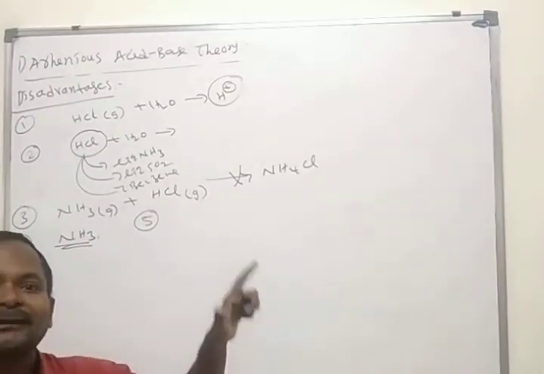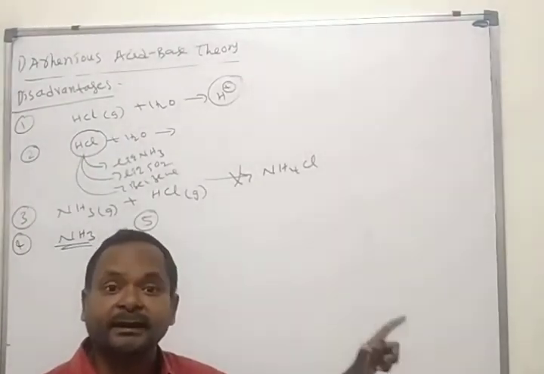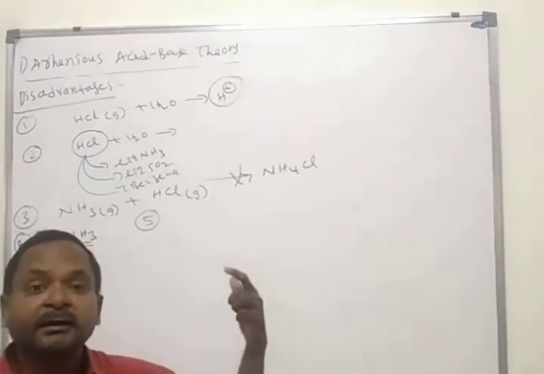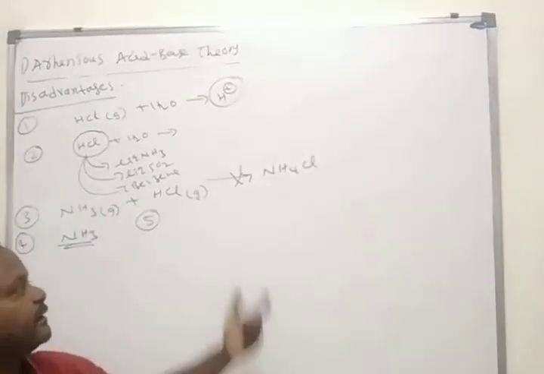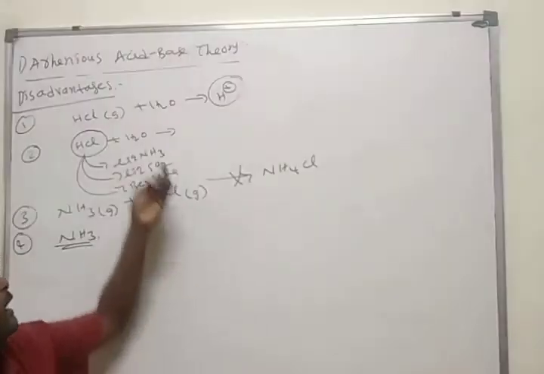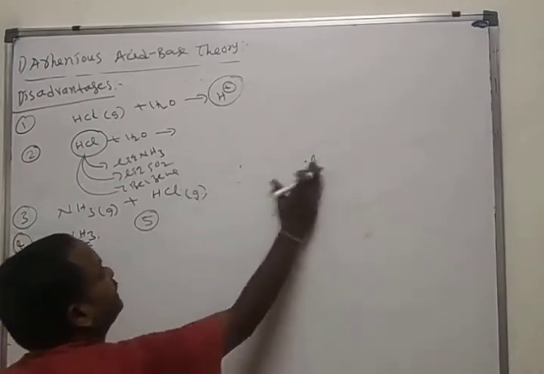It fails to explain how or why chemical substances in aqueous medium dissociate. That is one more disadvantage of Arrhenius acid-base theory. These are the disadvantages of Arrhenius acid-base theory.